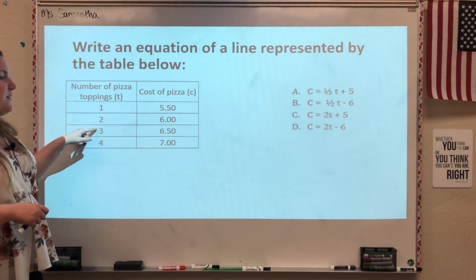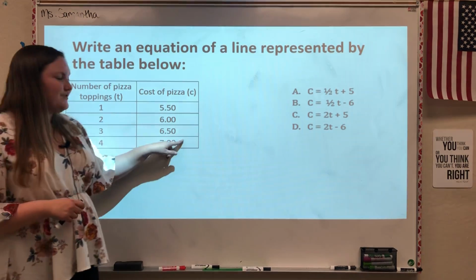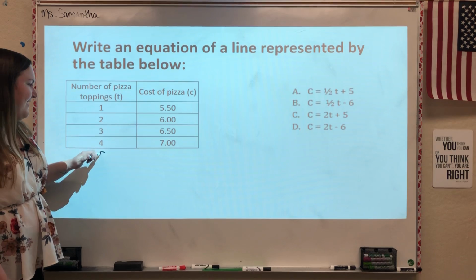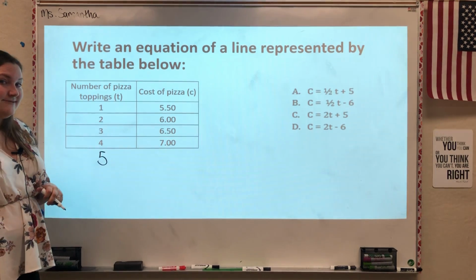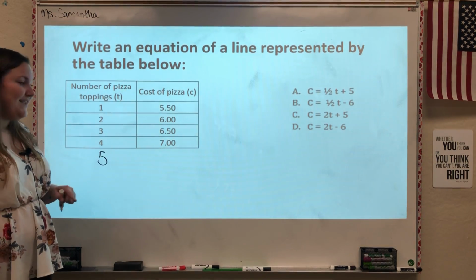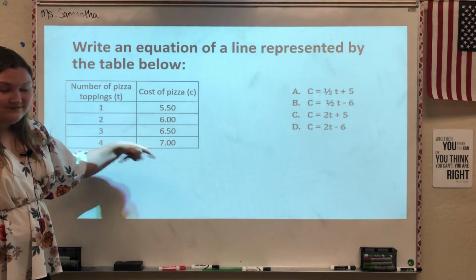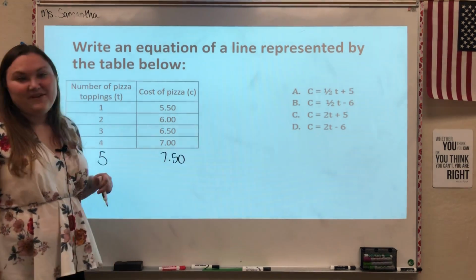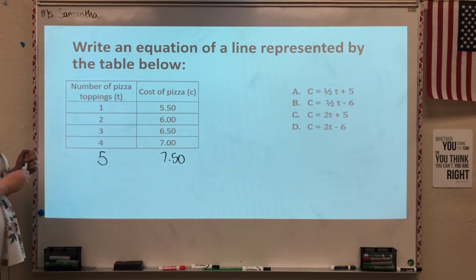So every single time you add in a topping, the cost goes up another 50 cents. So I could ask, well, what do you think the cost is for 5 toppings? And you might be able to tell me, well, based on this pattern, the cost is $7.50. And we could keep going, right?